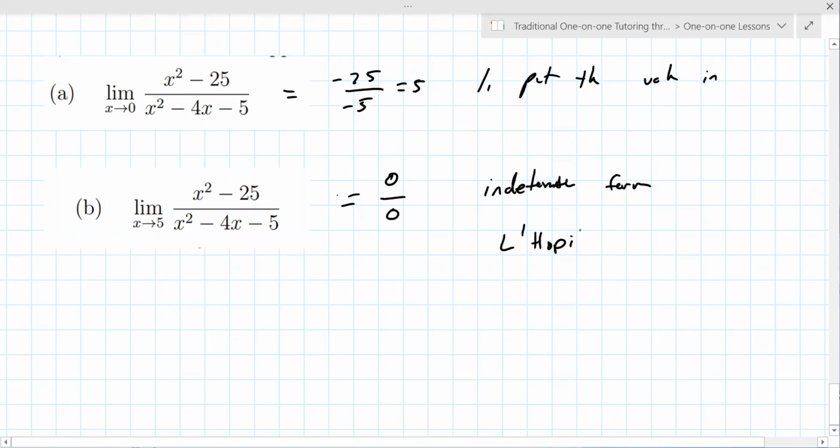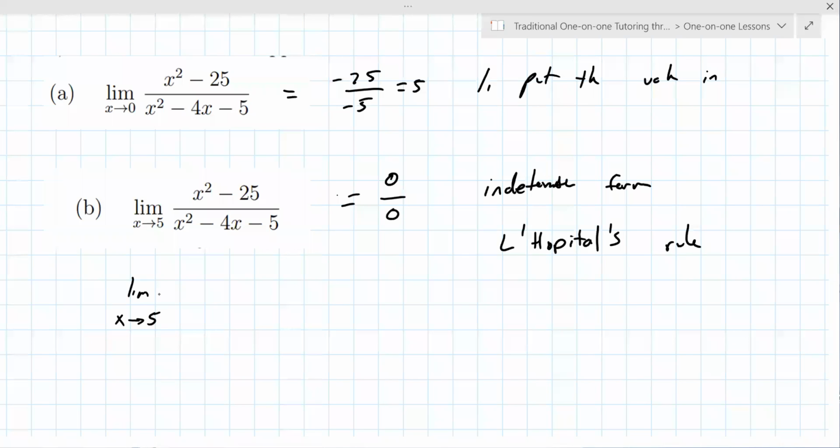L'Hopital's rule, as it's correctly stated. Back when you first learned this, you were told to use some algebra like factoring, but when you get this indeterminate form, you can actually just take the derivative of the top and the bottom. Now, are you doing this for the AP?